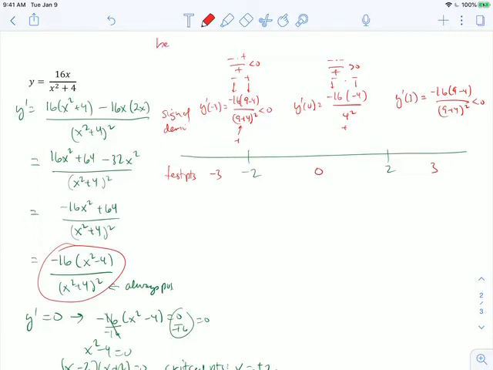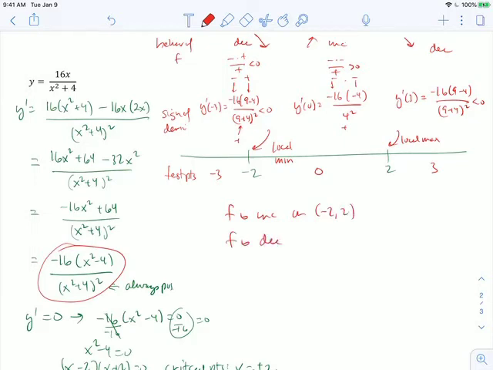So when it comes to deciding on the behavior of the function, I'm decreasing here, increasing here, decreasing here. If I'm going down and then up, this is a local min. And if I'm going up and then down, this is a local max. So I can summarize that f is increasing only between negative 2 and 2.